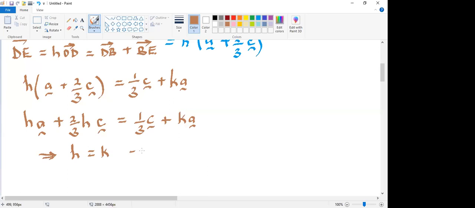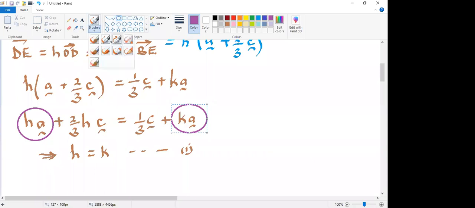That's one relationship we are getting from the fact that HA and KA are supposed to be equal. So we get H equals K. And then what is our second relation?